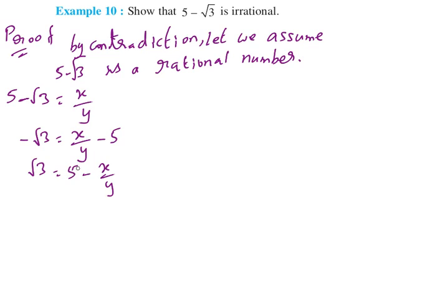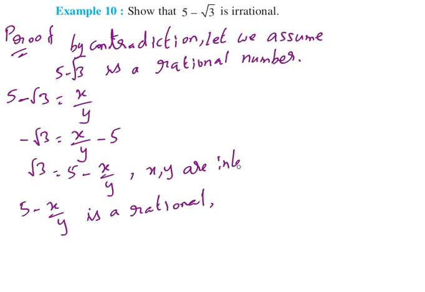So we can say 5 minus x by y is a rational number, because x and y are integers. We can say that root 3 is also a rational number.